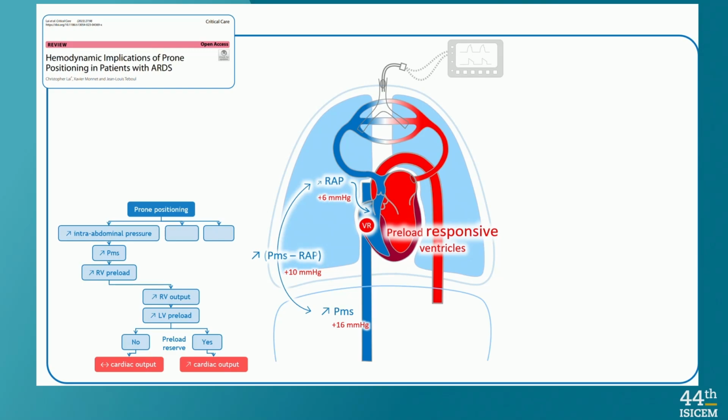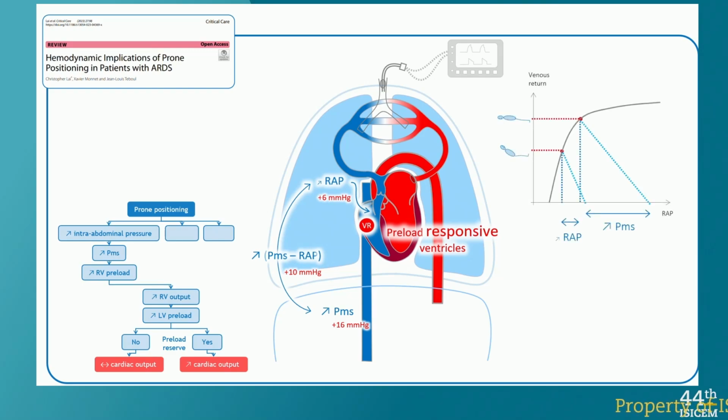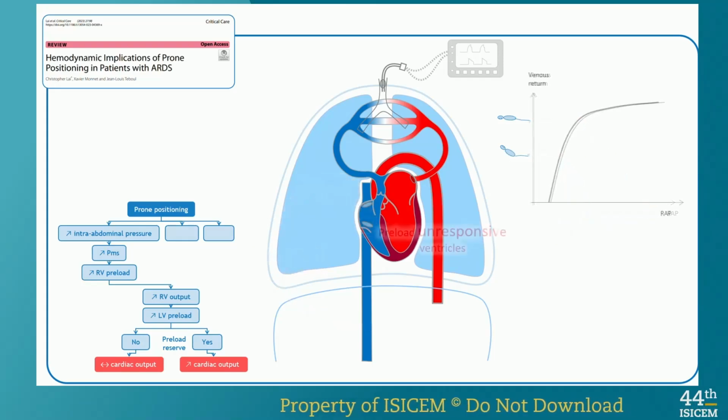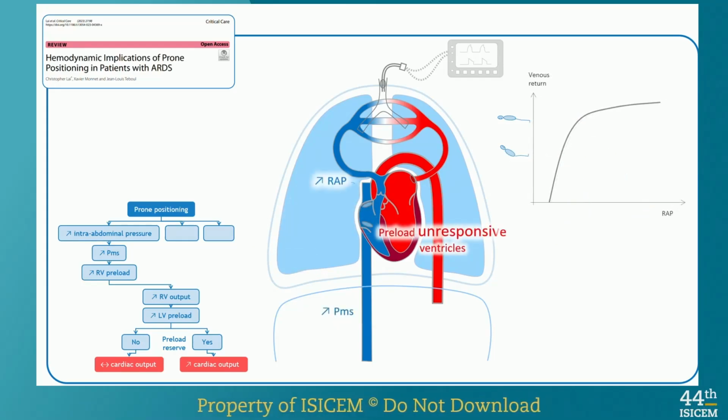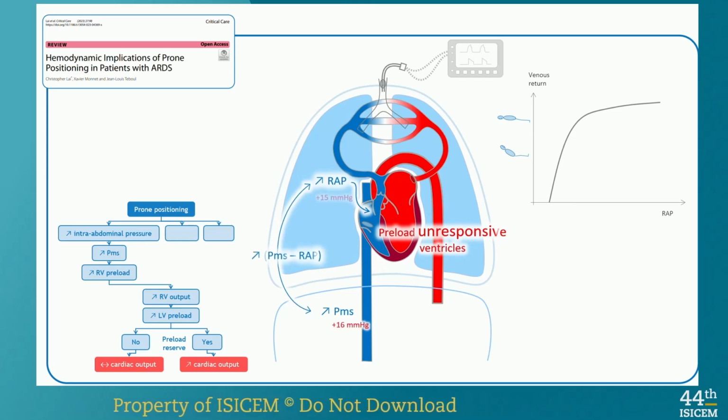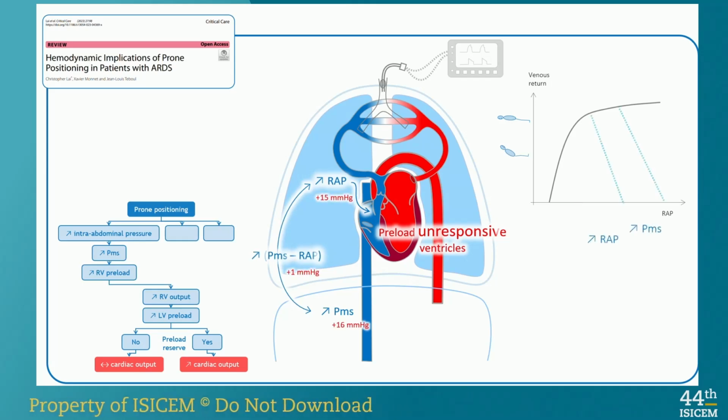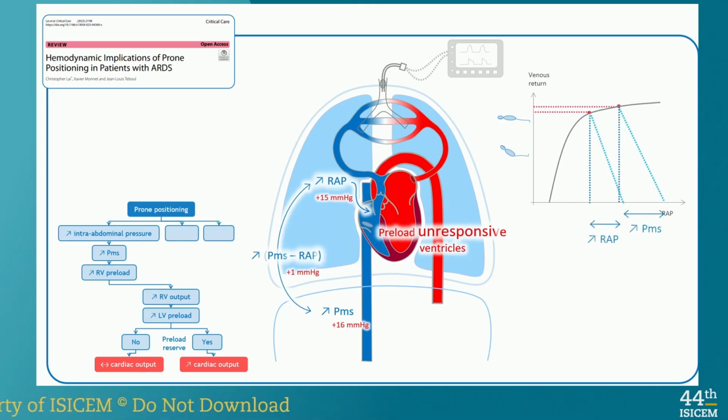That's why venous return increases. And this is basically due to the slope, to the waveform of the Frank-Starling curve, explaining a lower increase in right atrial pressure compared to the mean systemic pressure. On the contrary, if both ventricles are preload unresponsive, the increase in preload leads to a congestion in the cardiac cavities.